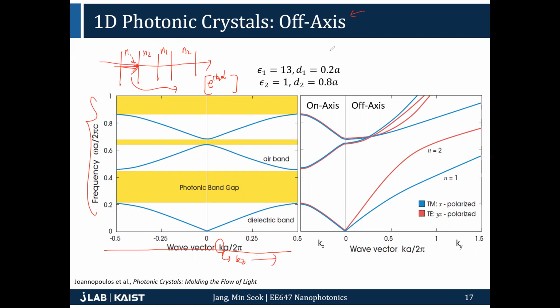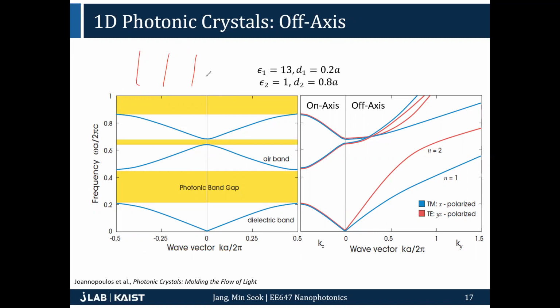Of course, there are possibilities that you have a photonic crystal and light impinging with a non-zero angle of incidence, right? So that the incident light has a non-zero k parallel component, for instance. So what's going to happen in this case? To show what is happening, we draw this plot, okay?